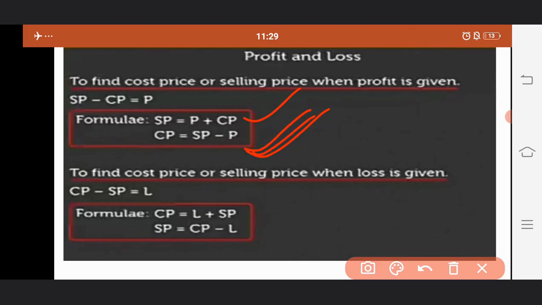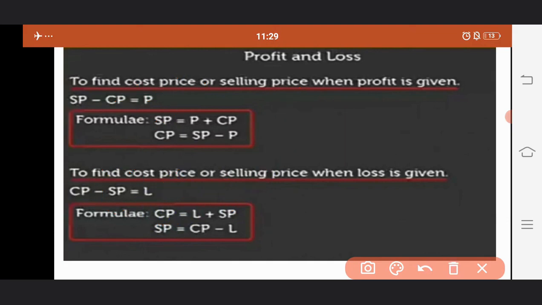And if we know the cost price and profit, we can easily calculate the selling price. Similarly, if we know the loss and cost price, yes, we can calculate the selling price. And if we know the loss and selling price, we can calculate CP.